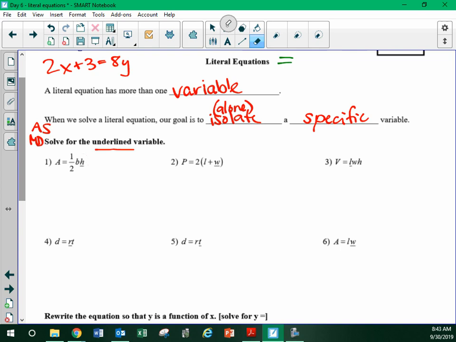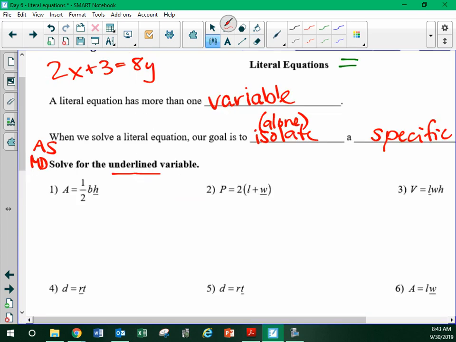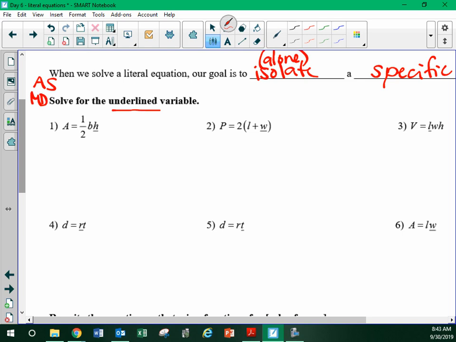Alright, so if we take a look at this, let me zoom out a little bit for you guys. So I need to get h completely alone, so I need to get rid of everything else with it. Alright, so I have 1/2 times b times h. So if I am currently multiplying, what's the opposite of multiplying? Dividing. So in order to get rid of my multiplication, I want to divide to get rid of it.